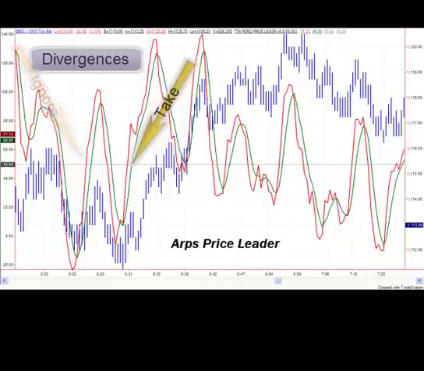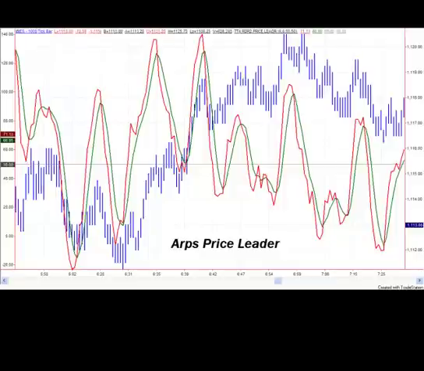If the peaks or valleys in the oscillator show a divergence from the price tops and bottoms, the odds are greatly increased that a major turning point is at hand. When used intelligently and with trading discipline, the Arps acceleration oscillator is a powerful trading tool that can lead to consistent profits.